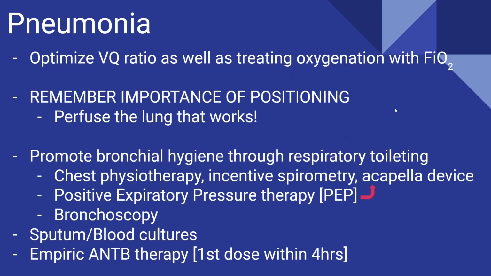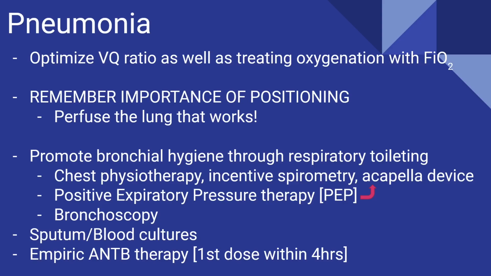So anytime in pneumonia, we really want to optimize that ventilation and perfusion ratio, and we can just treat naturally with FiO2, but we really want to be focusing on what's the problem here. And something that we talked about earlier is the importance of lung perfusion and based on gravity.